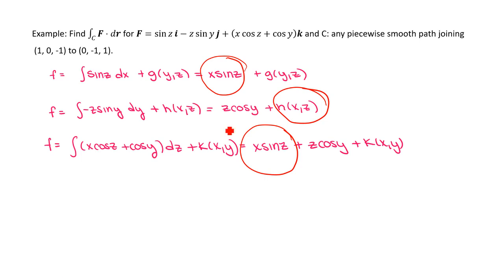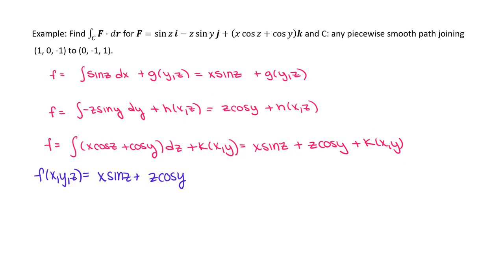And then we've got this z cosine y. It didn't appear in the first integral because it just has y's and z's, but it did appear down here, that's good. And then there's no terms with just x's and y's. So just those two terms, x sine z, z cosine y, that is my potential function.